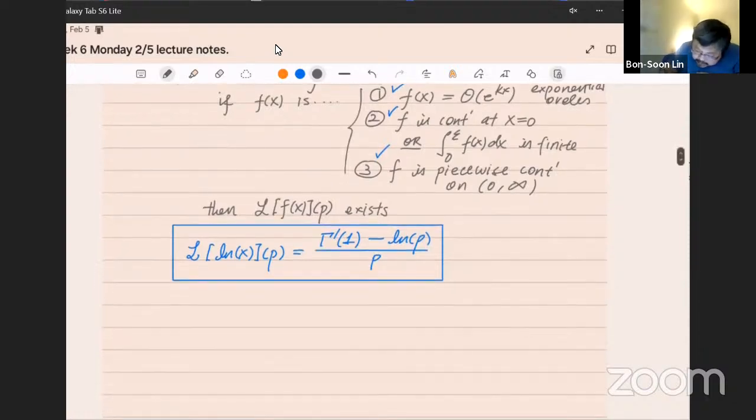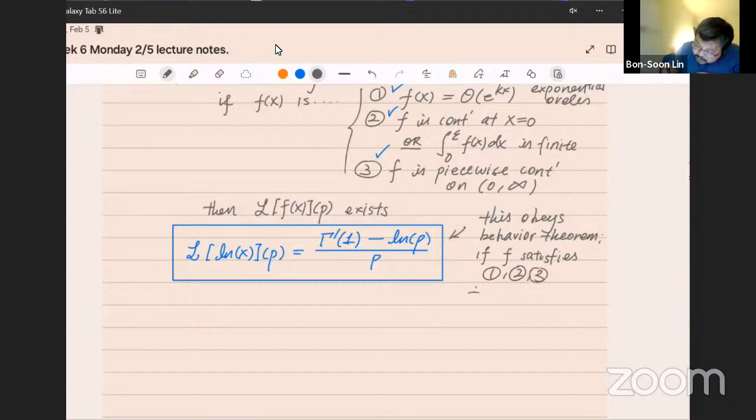So this is kind of nice because this obeys the behavior theorem, which says if f satisfies 1, 2, and 3, then not just does the transform exist, but the limit of the transform goes to 0 as p goes to infinity.